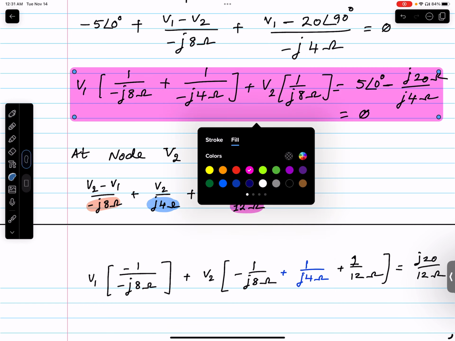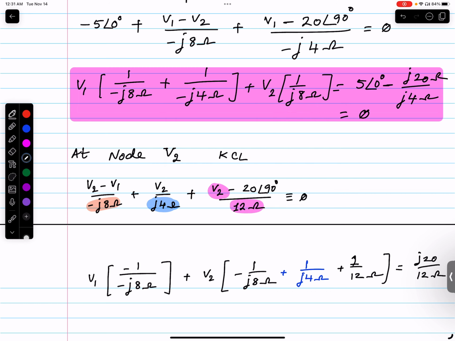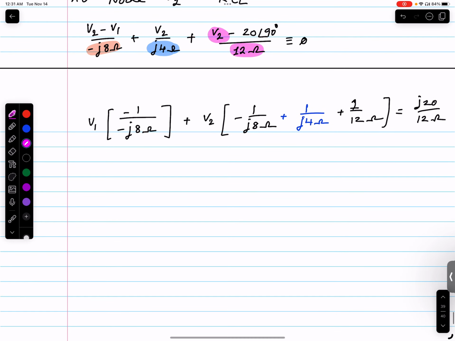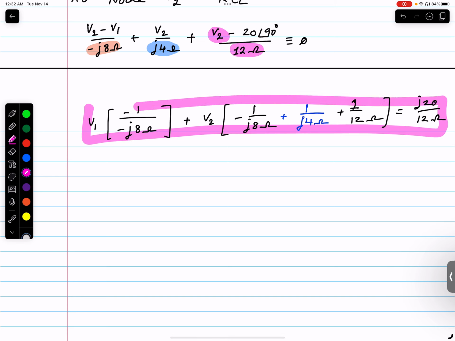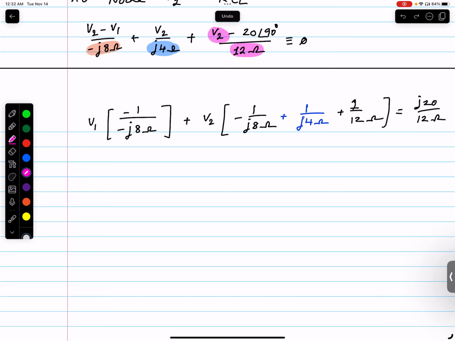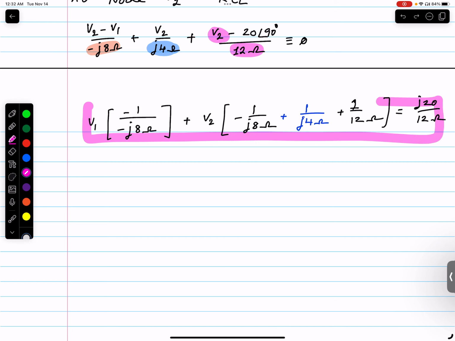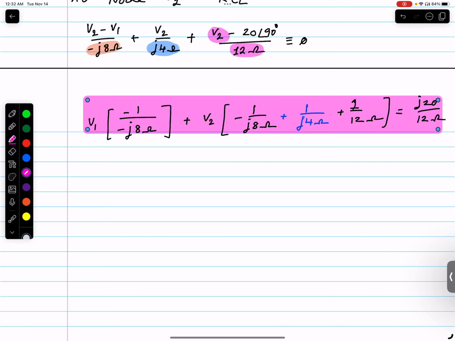I'm going to call this equation 1. Similarly, this guy is equation 2. If you write it in a format convenient for MATLAB, you'll get something similar to this.